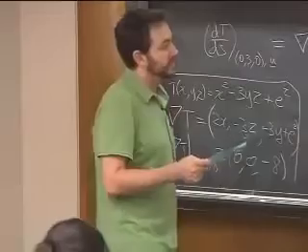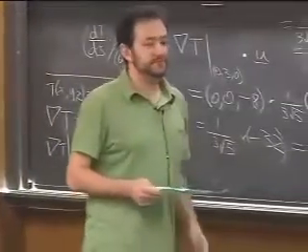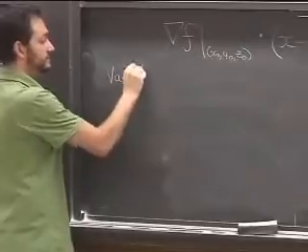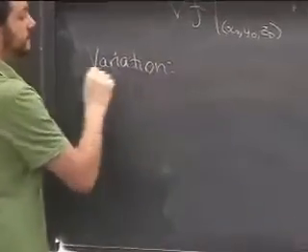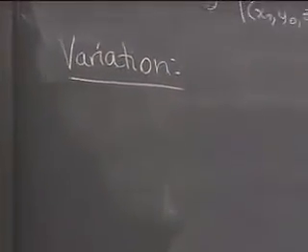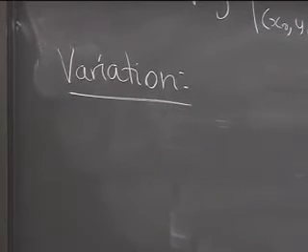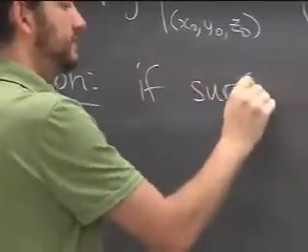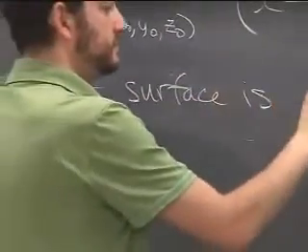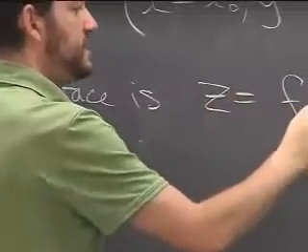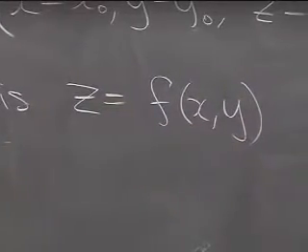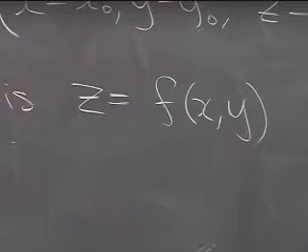Now, I should give one variation, which is important. If the surface is not expressed as f of x, y, z equals c, but is instead written like this, z equals f of x comma y, you can turn it into this other form.